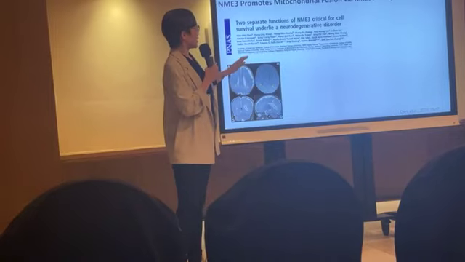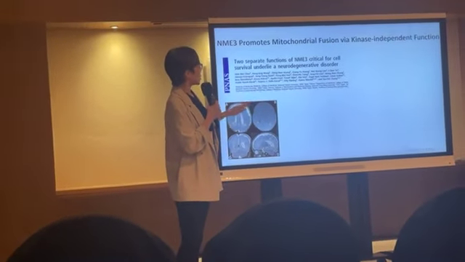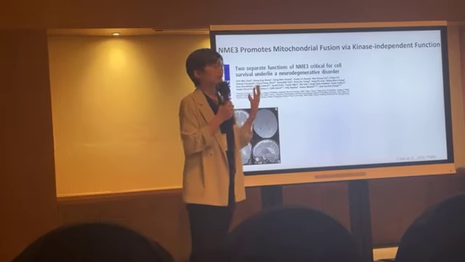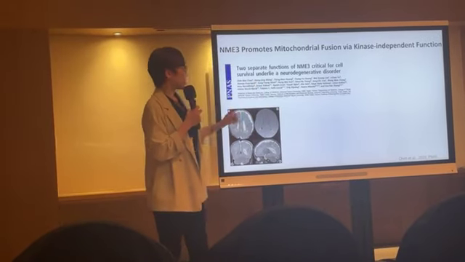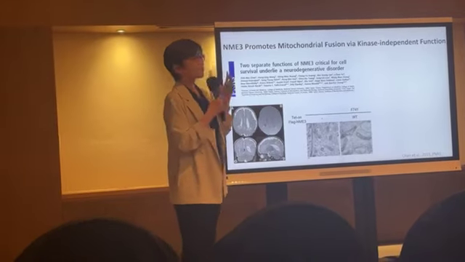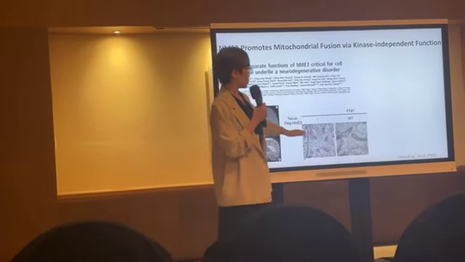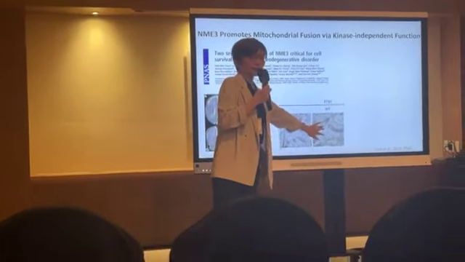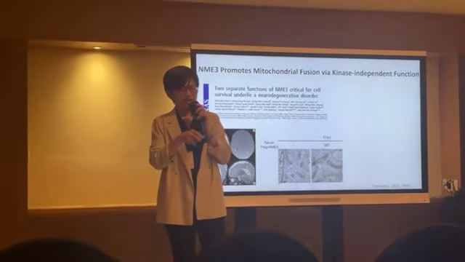study identified that the function of this enzyme is critical for mitochondria. Human patients with mutations in it develop a neurodegenerative disorder, and skin fibroblasts from the patients show abnormal mitochondria. Compared with wild-type control, mitochondria become more fragmented.